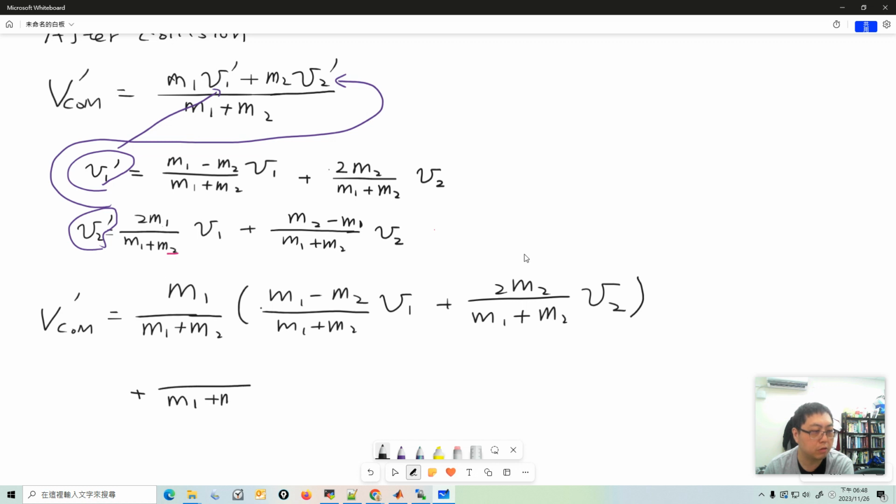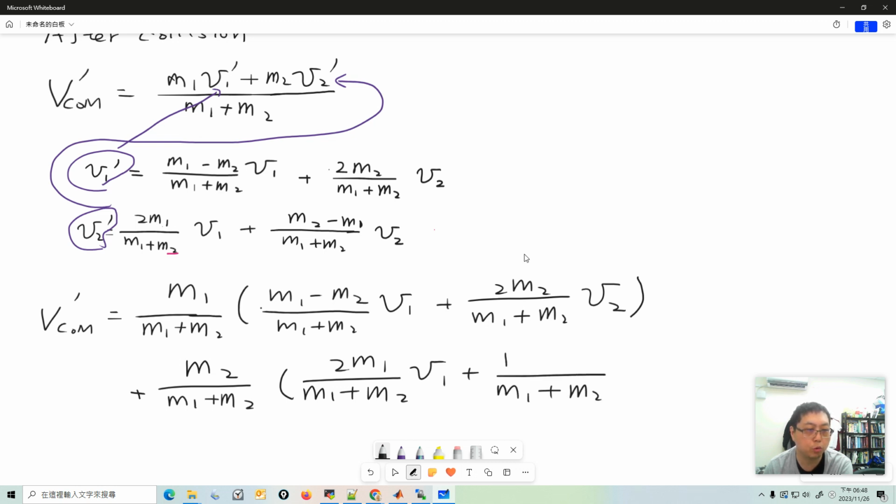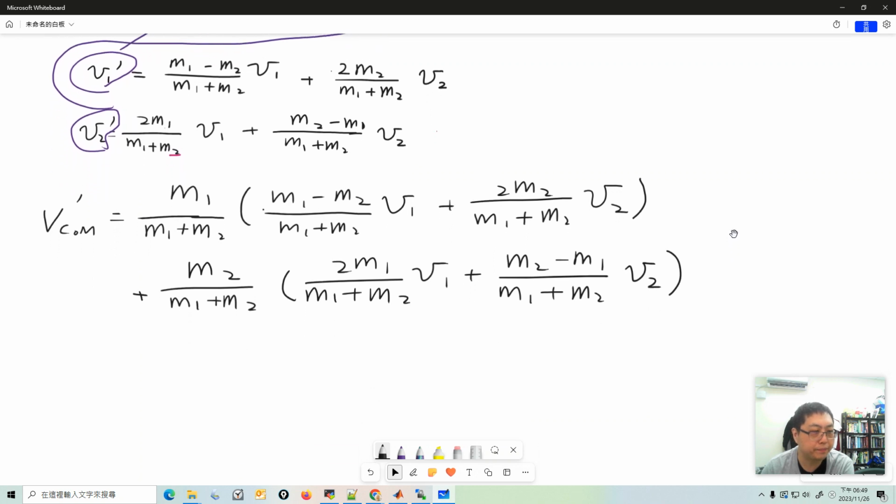This is the first term. The second term is m2 times 2m1 over m1 plus m2 times v1, plus m2 minus m1 over m1 plus m2 times v2.